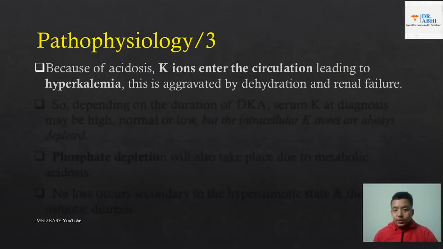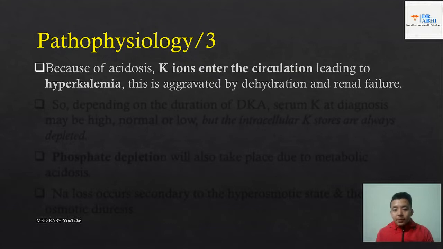because of acidosis, the potassium ions enter the circulation leading to hyperkalemia. This is aggravated by dehydration and renal failure. We must not forget that in diabetic ketoacidosis there is initial hyperkalemia and it becomes hypokalemia at a later stage. So for the treatment we must consider the balance between both of these.